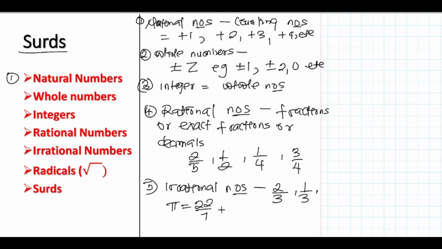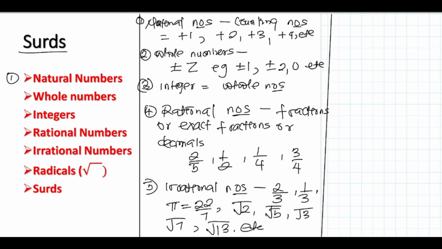Before we say etc, let's take other numbers. Root 2 is an irrational number, because if you use your calculator, root 2 will continue. Root 3, root 5, root 7, root 13, they are all irrational numbers, because they cannot be expressed as exact decimals when you divide them. That's why they are irrational numbers. Hope you are getting what we are saying.